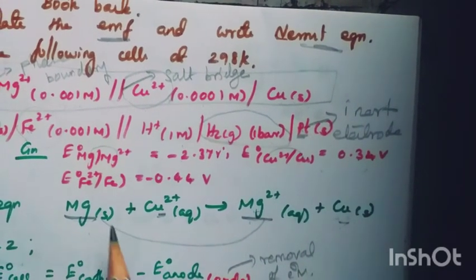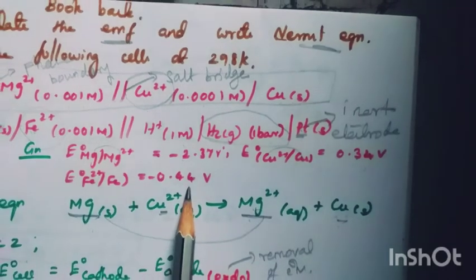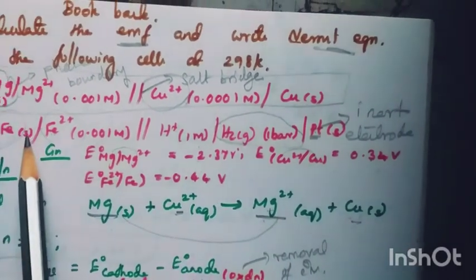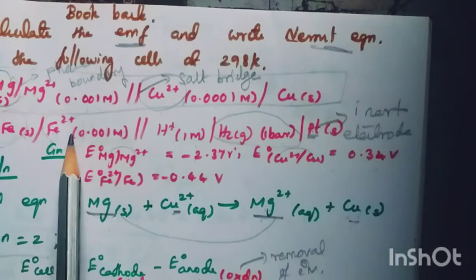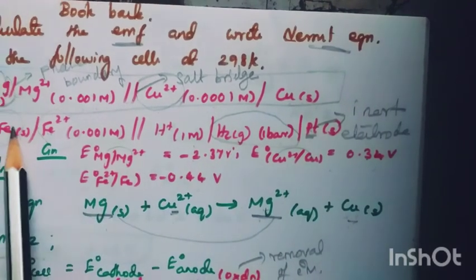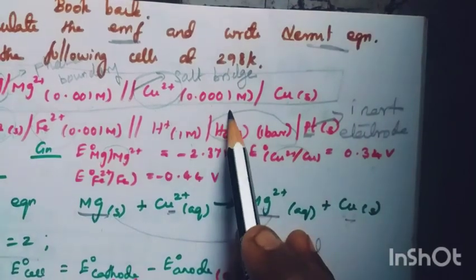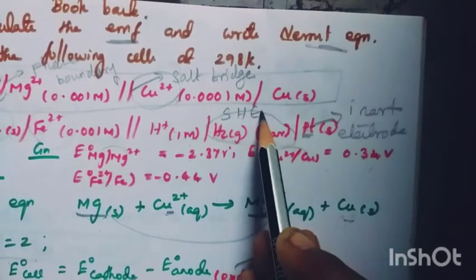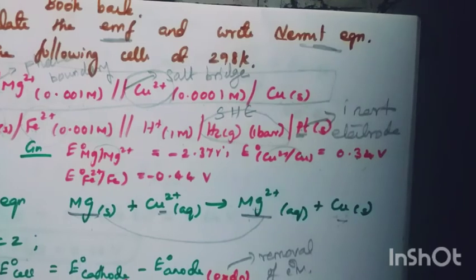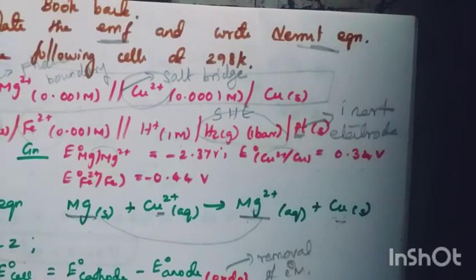So the EMF E naught value is 0.44. So Fe is converted to Fe2 plus, and H plus to H2. Fe2 plus means oxidation. For hydrogen, this is called SHE, the standard hydrogen electrode.